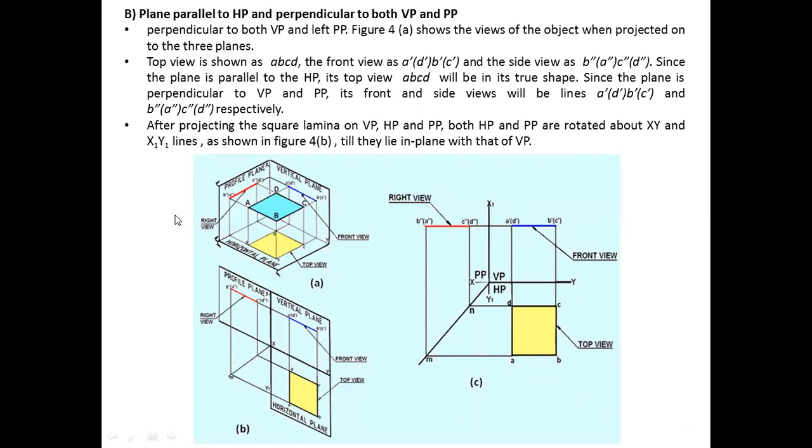Did you get my answer or not? Now this orientation is given, that blue image, where it is parallel to the horizontal plane. So in which view will you be able to see the true shape? Top view. Very good.